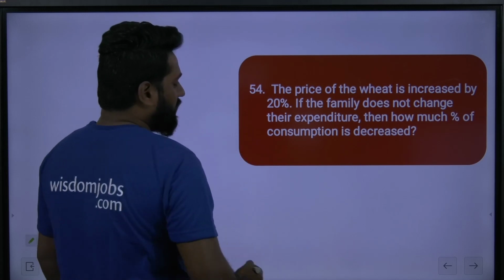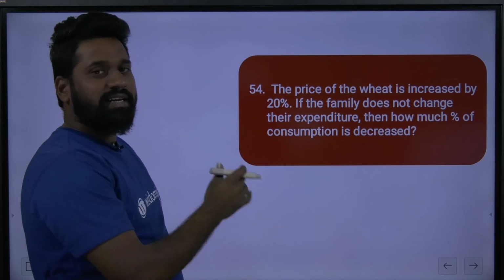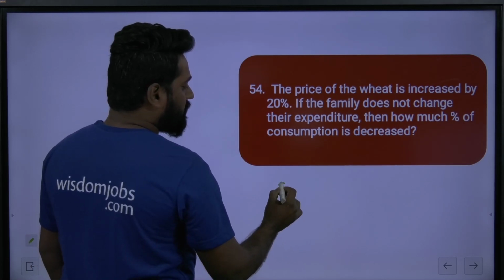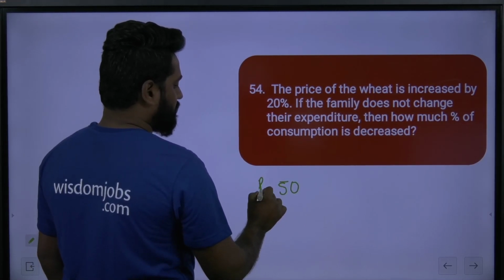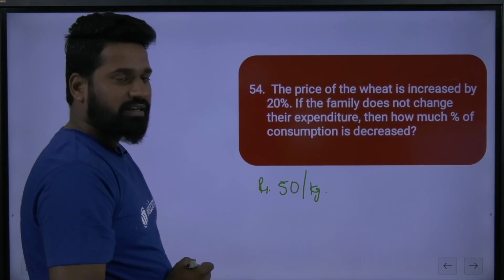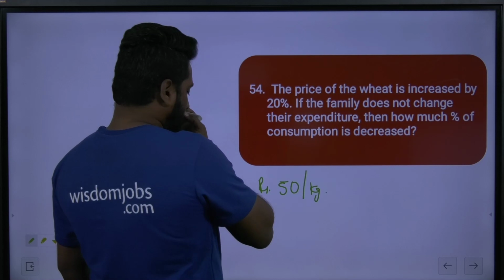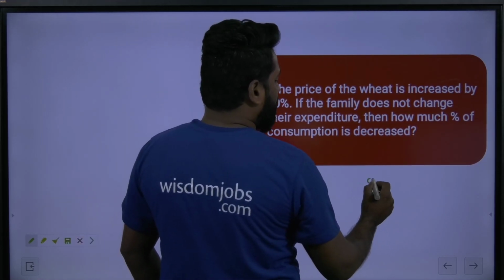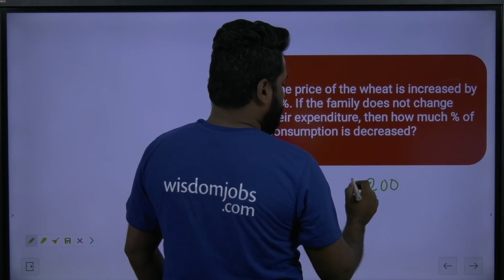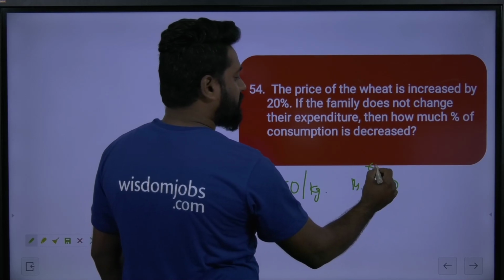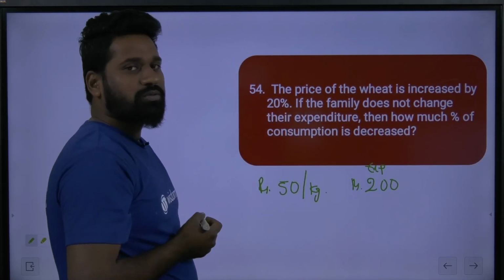For example, observe here. Suppose before increasing, the price of the wheat is 50 rupees per kg. Is it clear? So now they are spending 200 rupees per month. Total expenditure on wheat is 200.